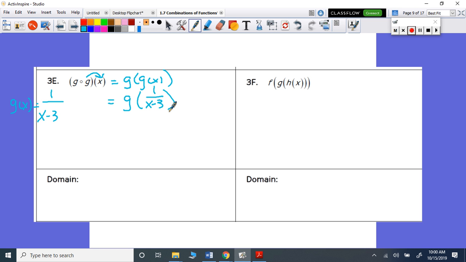So that tells me every place I see an X in G, what am I going to put in? X minus 3. Yep, every place I see an X in G, that's what I'm going to put in. This is where it gets ugly. I'm copying the 1. Instead of the X, I'm putting 1 over the X minus 3. And then you have minus 3.